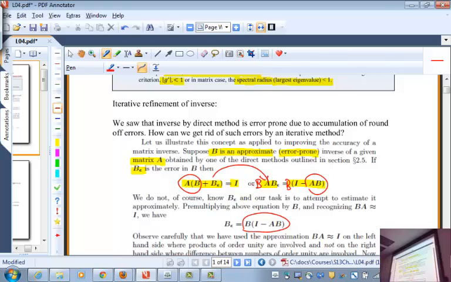And here I make an approximation. That approximation is B times A is I. Now I want you to think about why would that be a reasonable thing to do. On one side, I'm saying B times A is I. On the other side, I'm not replacing it by I. If I replace it by I on the right hand side also, what do I get? I get 0.